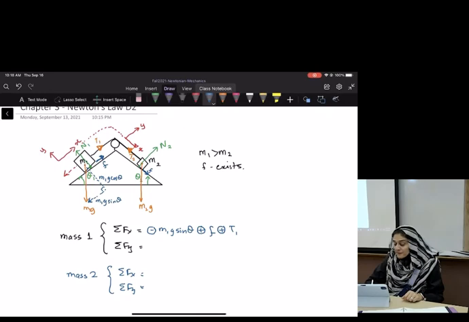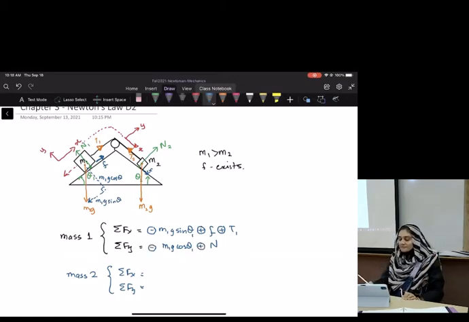What are the forces in Fy? M1G cosine theta and normal. Which one's plus, which one's minus? Normal's plus and mg is minus. Great.